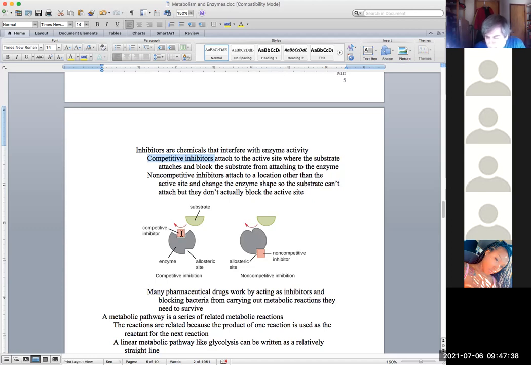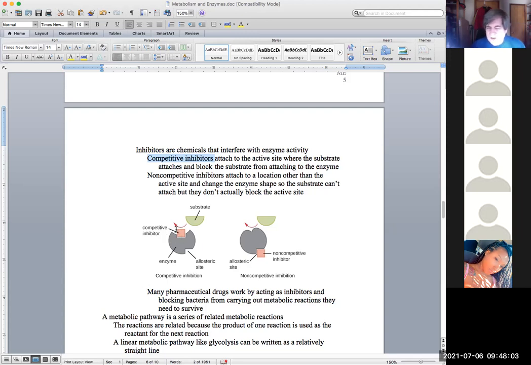So this kind of peach colored thing is our competitive inhibitor. This green thing, you can kind of see if we took that peach out, we would have a half moon shape here. This green half circle, this is our substrate. So our substrate should fit into the active site, but a competitive inhibitor competes for the active site.